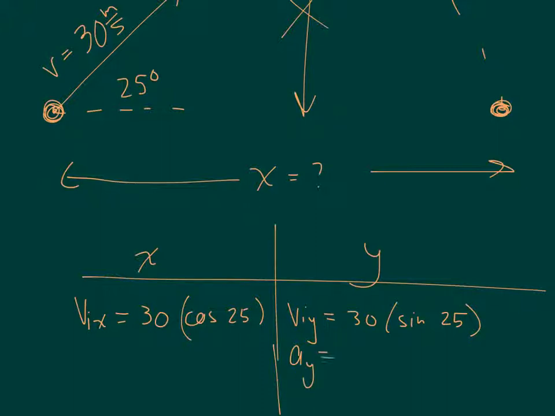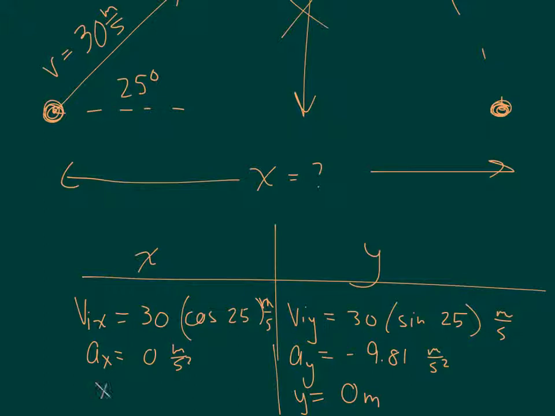Acceleration in the y is gravity. The displacement in the y is 0 meters because it starts on the ground and it ends on the ground. It definitely travels up, so there's some vertical displacement halfway through, but at the end, it's still at the ground. Acceleration in the x is 0 as always. I'm adding units to the velocity, sorry. Meters per second, I should say.